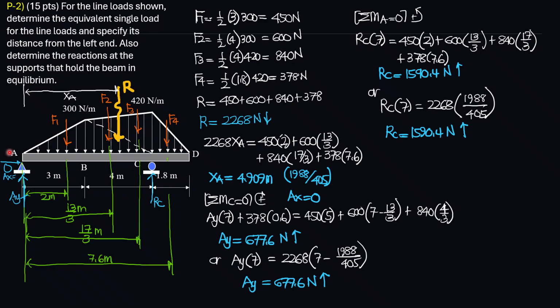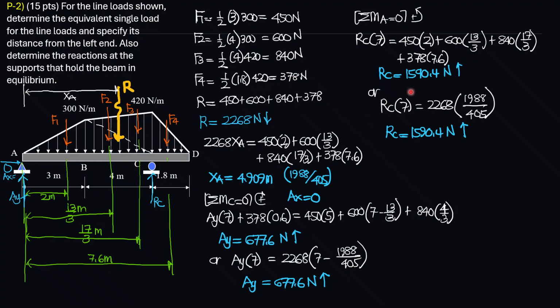Likewise, for R sub C, summation of moments about A equals 0. This time counterclockwise positive. So R sub C times 7, which is that, plus F1 450 times 2 plus F2 600 times 13 over 3 plus F3, which is 840 times 17 over 3, then plus F4, which is 378 times 7.6.